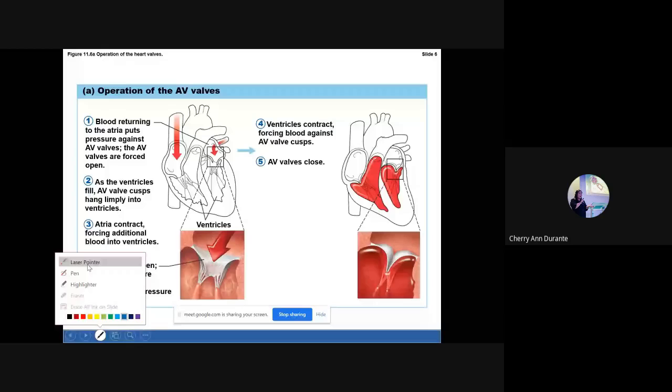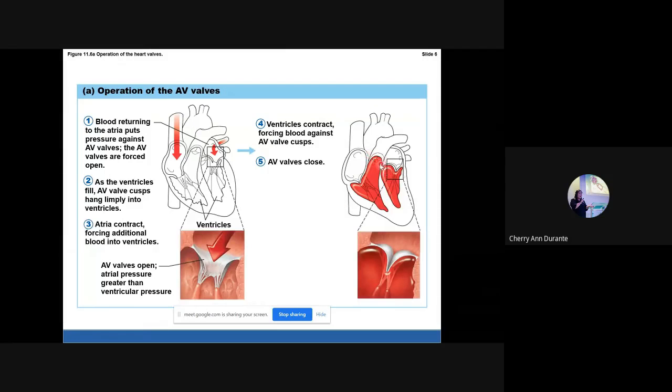As you can see, these two will open next, which are your semilunar valves. The semilunar valves will open, but the AV valves are closed, making sure the blood stays here.